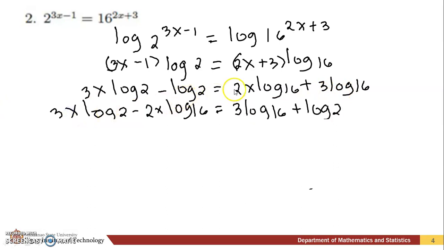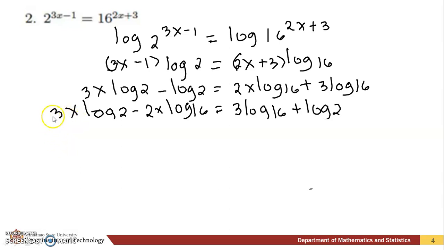Again, we have to simplify by combining 3x log 2 with 2x log 16. So we put it on one side here, 3x log of 2 minus 2x log of 16. And then we have on the other side 3 log of 16, what is left here, and then transposing this log of 2, so you now have plus log of 2.